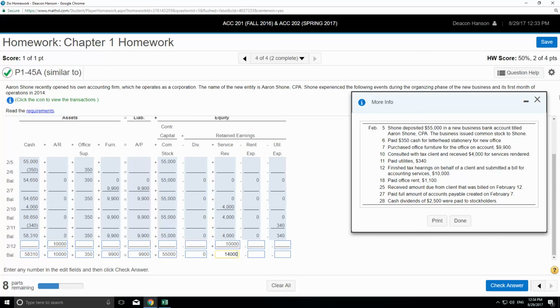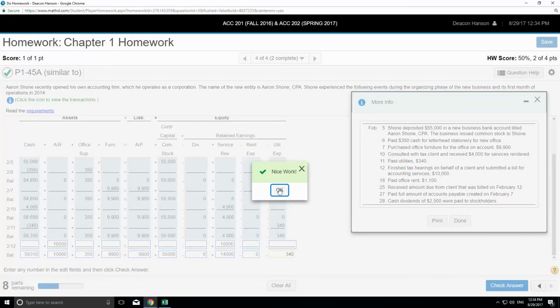Maybe you pay me 3 months later, that's when I would show the revenue, right? So we're doing accrual accounting, we show the revenue when it's earned. And how is revenue earned? Services rendered or goods supplied, provided, right? Hopefully I pulled everything down correctly. Nice work.